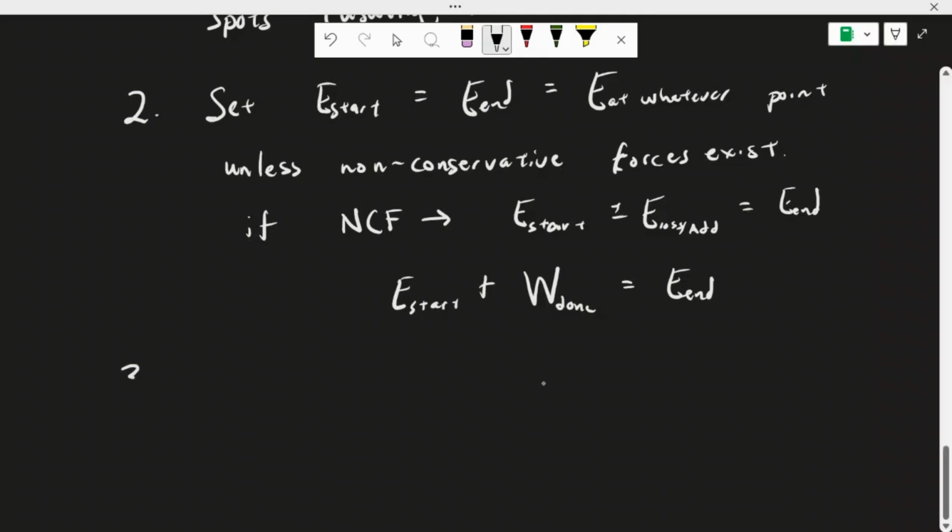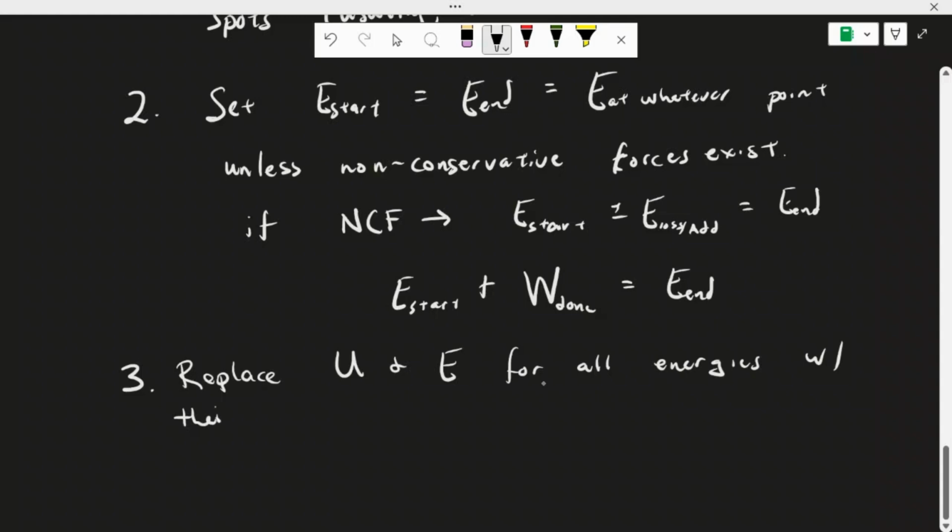Right? Step 3 is to replace U and E for all energies with their values.